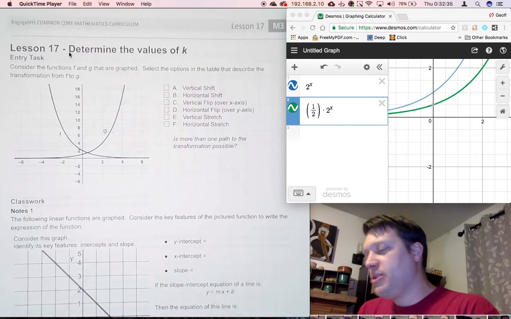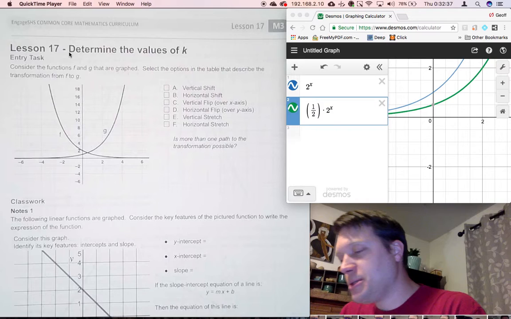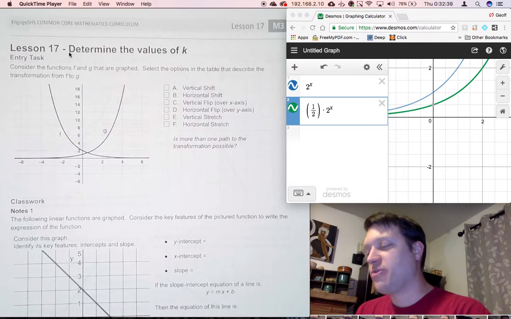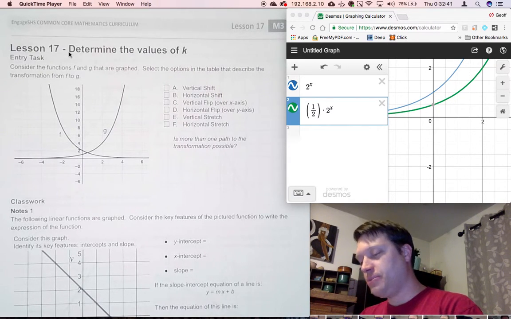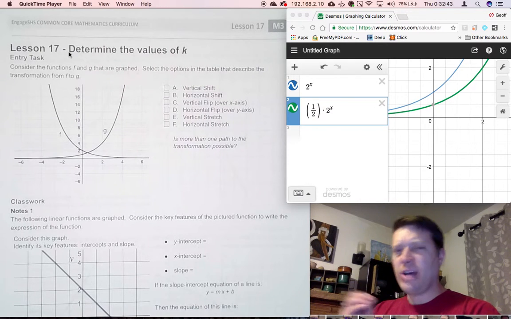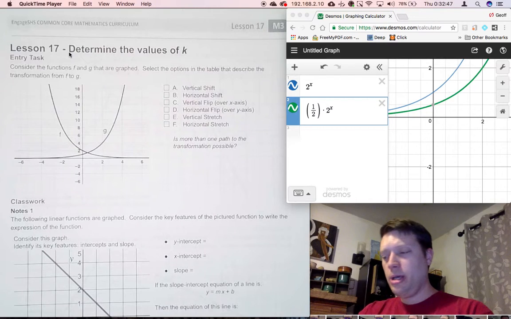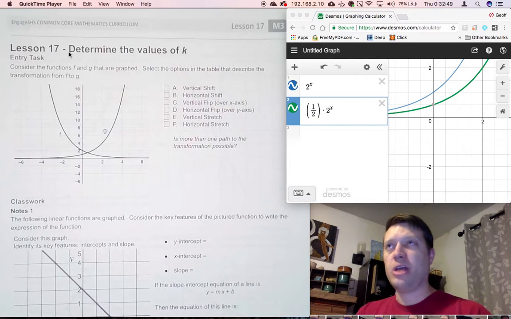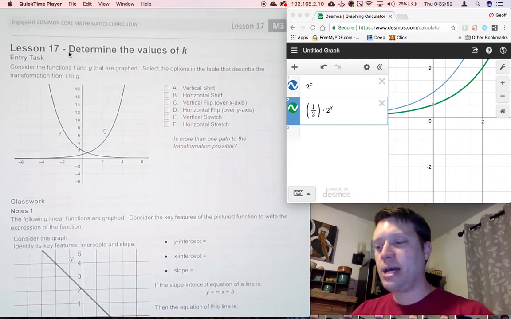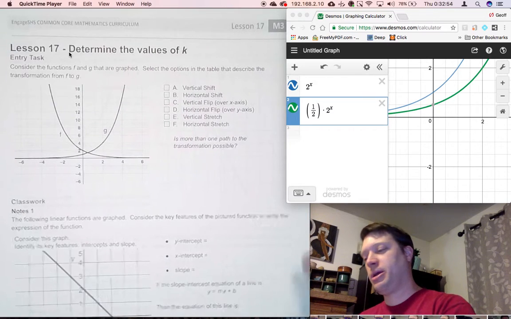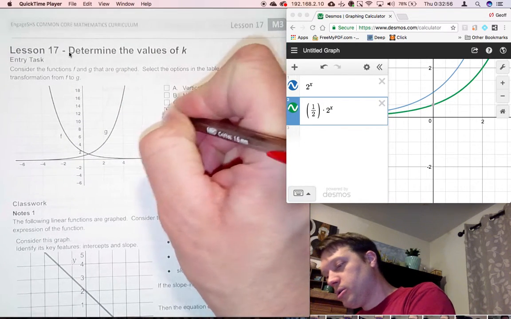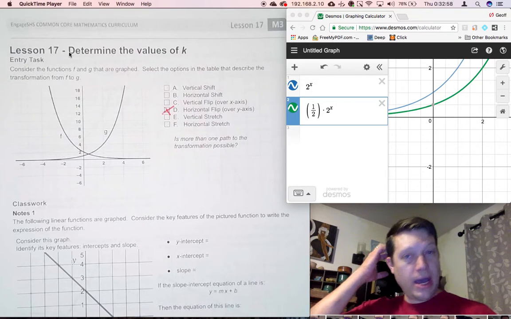Consider the functions f and g that are graphed. Select the options in the table that describe the transformations from f to g. There's kind of a hierarchy of importance. A horizontal flip is more important to identify than anything else because it's happening inside the parentheses, so order of operations matters. So we're horizontally flipping over the y-axis.